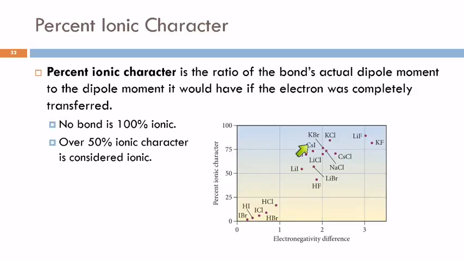So these are considered ionic by the percent ionic character. And if you look at them, they're all metals and nonmetals. Then there's this one over here. He seems to be hanging out with this group, but his percent ionic character is less than 50%. And so hydrogen fluoride is not considered an ionic bond. And down here, all of these are non-ionic. Any questions?